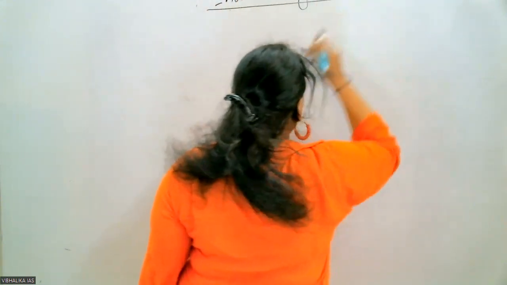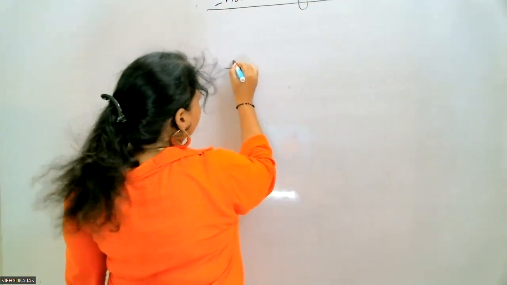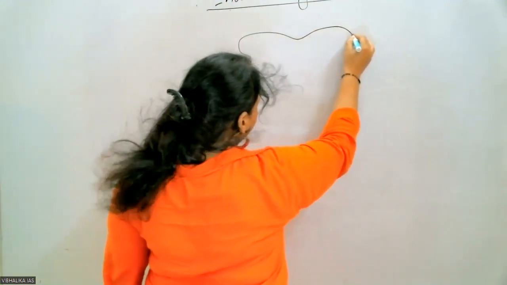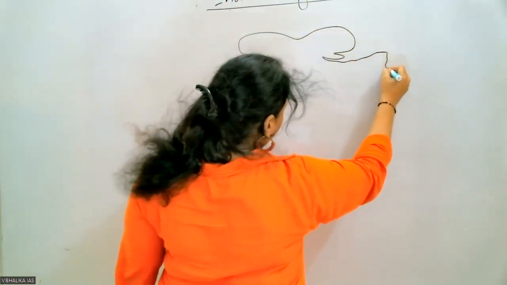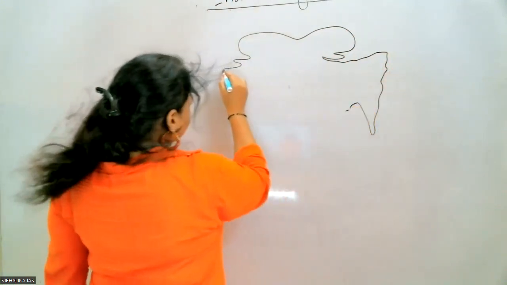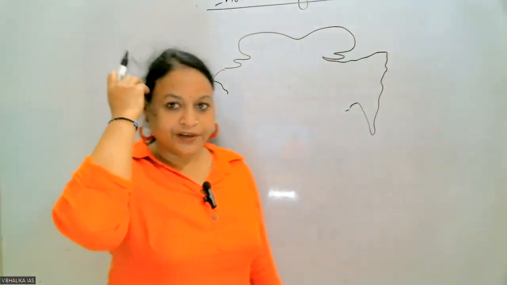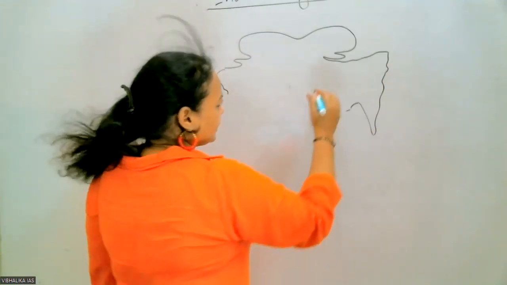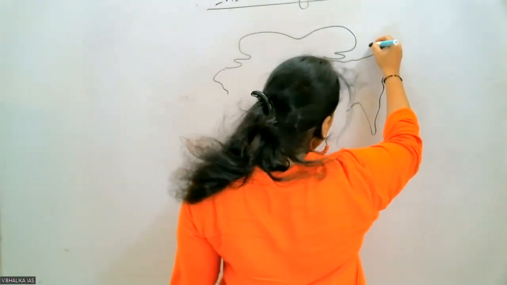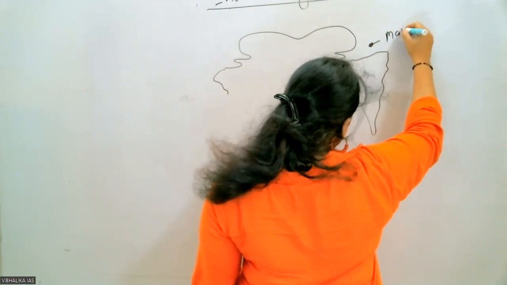I want to tell you, students, that this is the northern part of India, right? There is one lake, the name is Mansarovar.